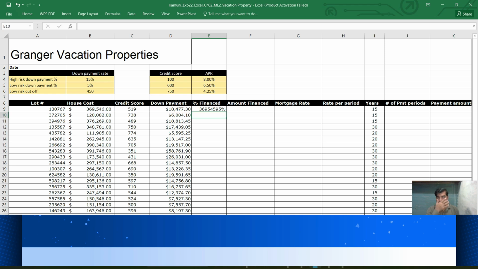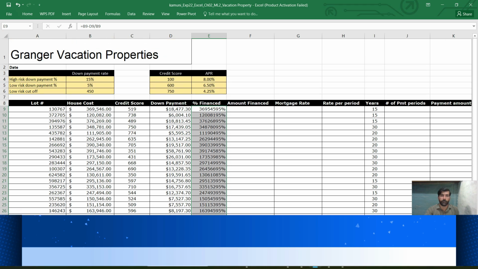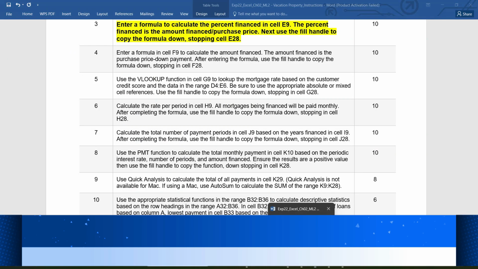Enter it. This is the percent financed, and just copy it down to E28 and remove the last entries. This is step number 3 I have completed so far.